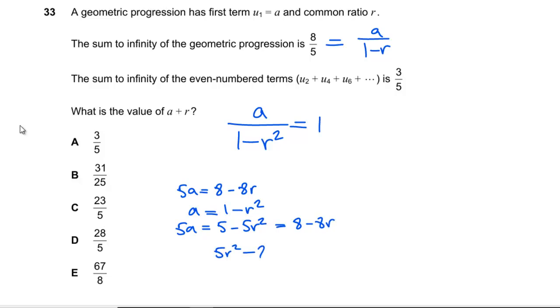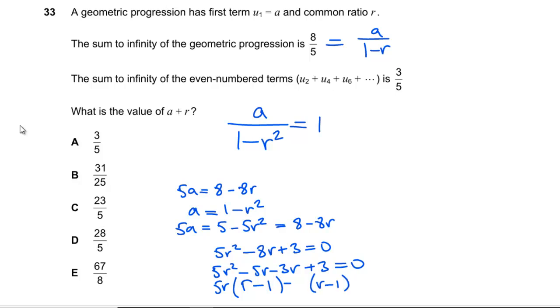5r squared minus 8r plus 3 is 0. Okay, that's going to split into 5s and 3s. 5r squared minus 5r minus 3r plus 3 is 0. So 5r, minus 1, so that doesn't work. And then I'm going to want to have another r minus 1, so that'll be a minus 1.